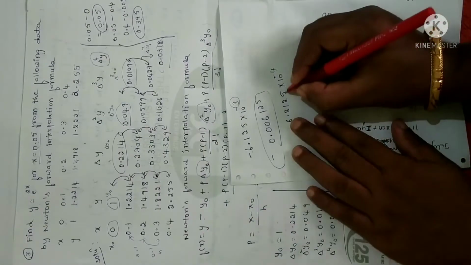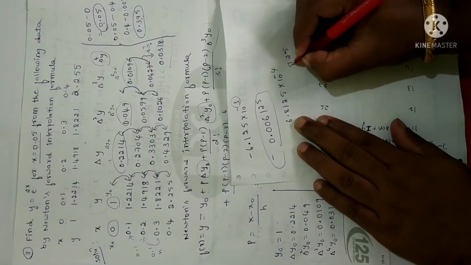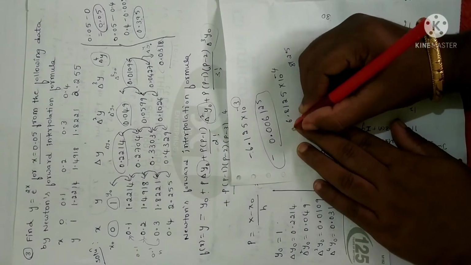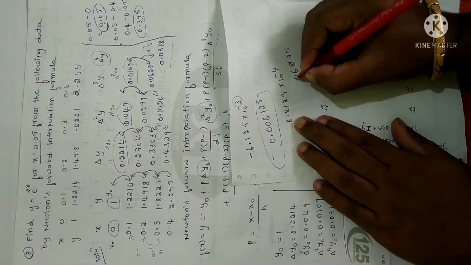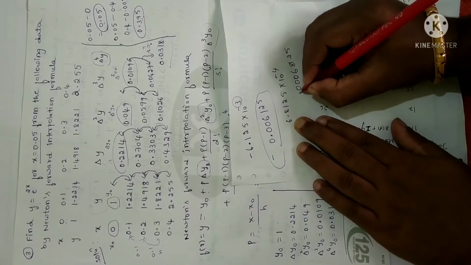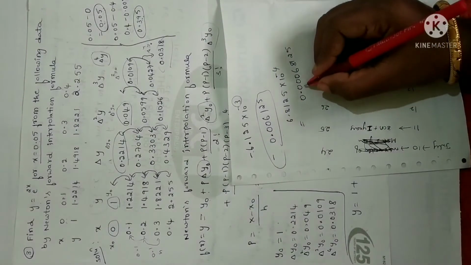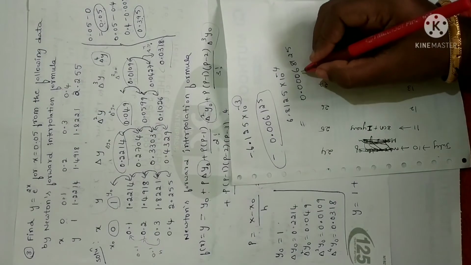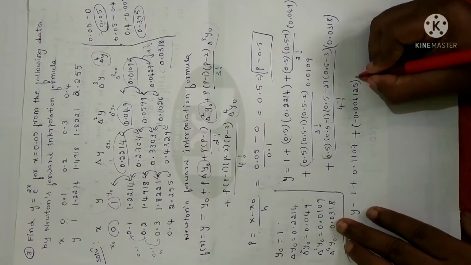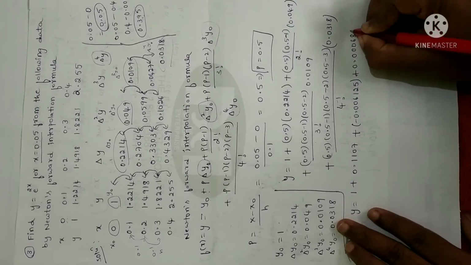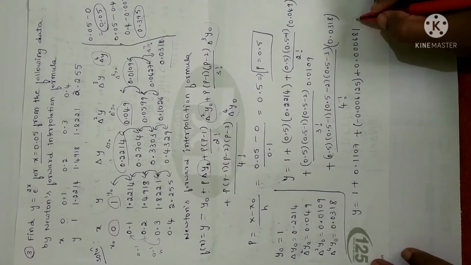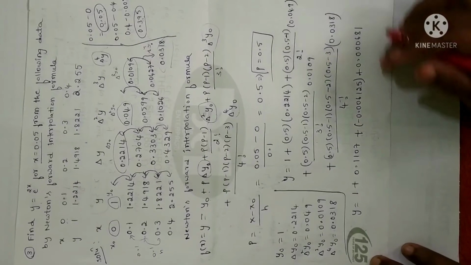So after simplification you just write 68125 as it is. Now you are shifting the point by 4 digits, so you count 1, 2, 3, 4. That will give you 0.00068125, so plus 0.00068125. If you want you can write it fully, or else you can stop up to 3 digits only.